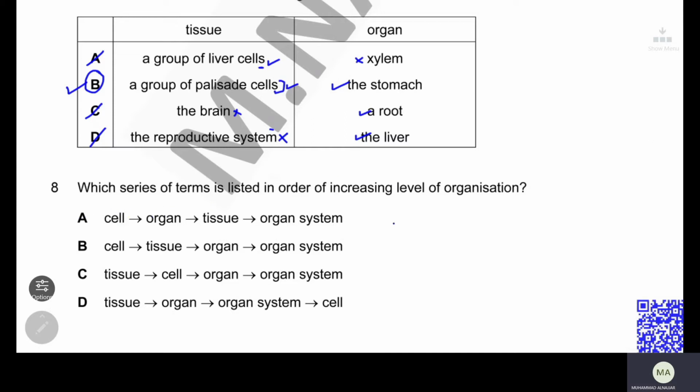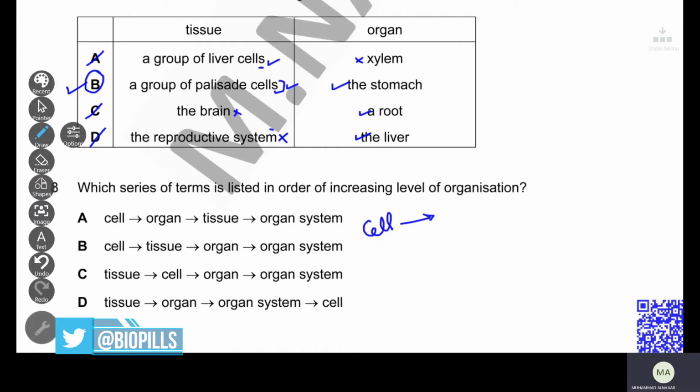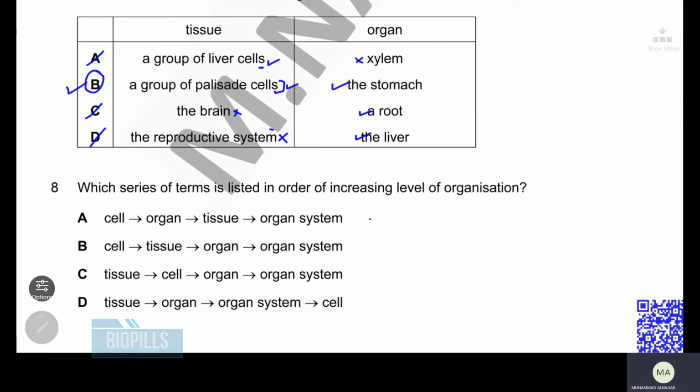Also, if you keep in mind the correct order of organization, we will find it directly. So let's do it together. We have cell, and even before cell we have organelle. I can even erase it to maximize our benefit. So firstly we have the organelles.